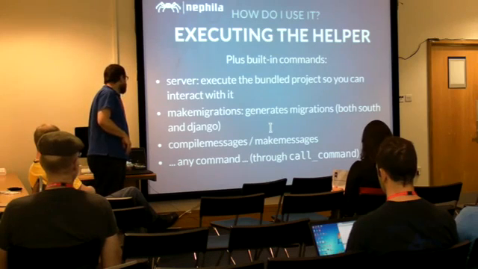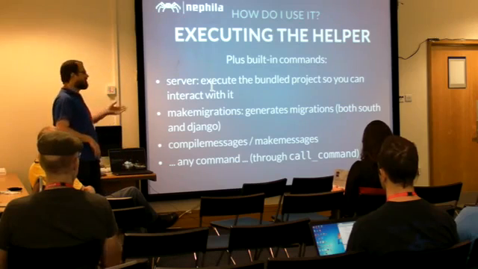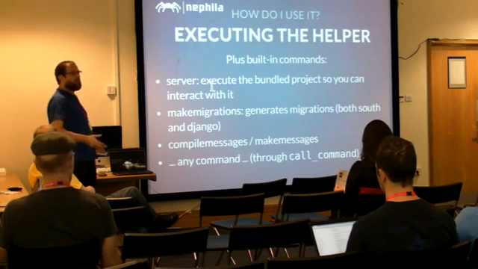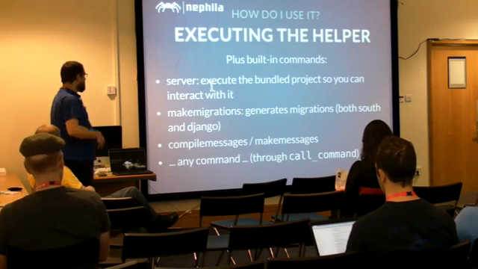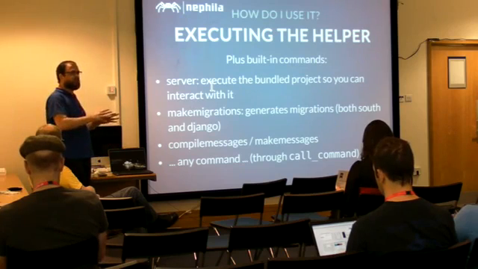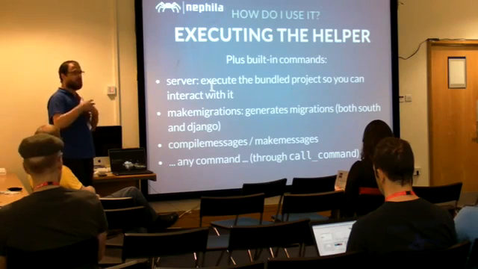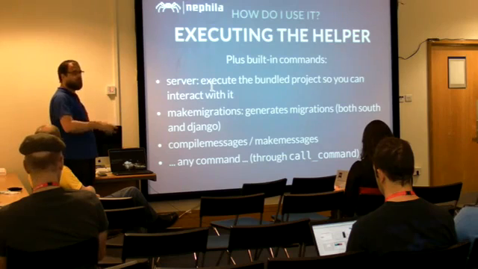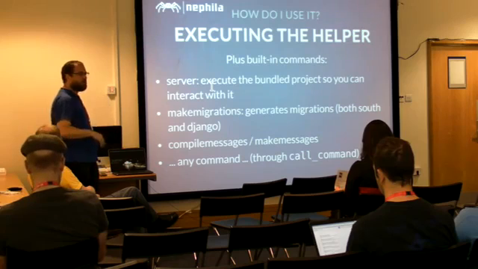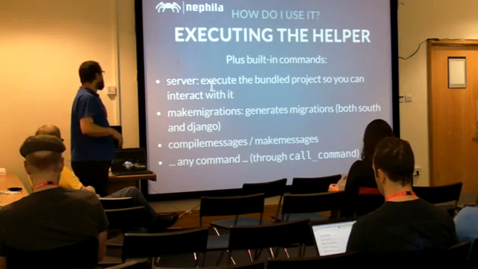And it has two make shortcuts. One is server, which is a clone of runserver, but it creates an admin user. It sets up the whole thing, so you can test your application without instantiating a complete project. You have your application, you run CMS helper server, and you can play with it.